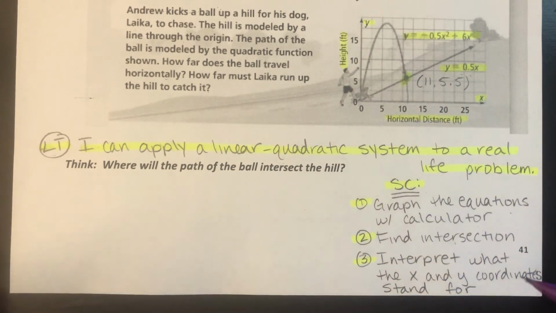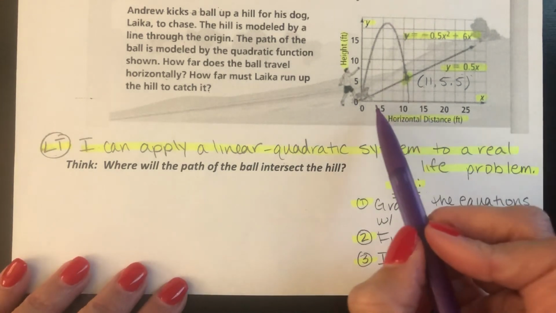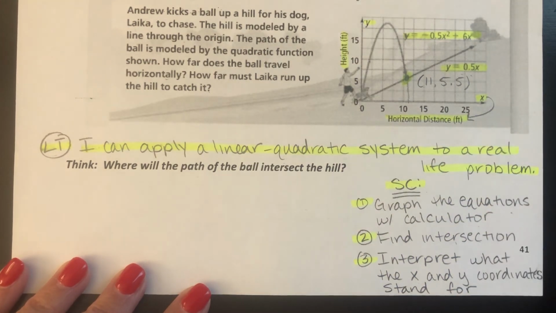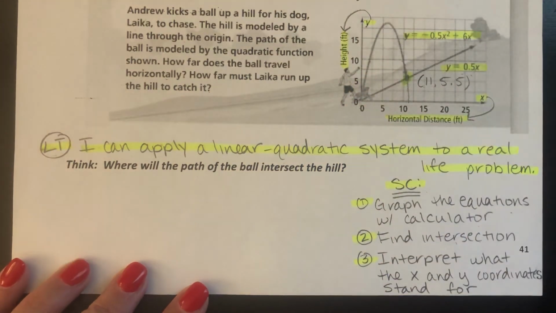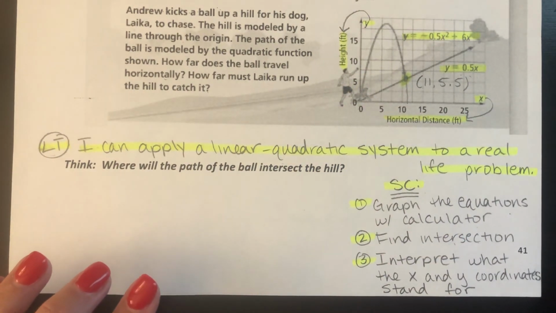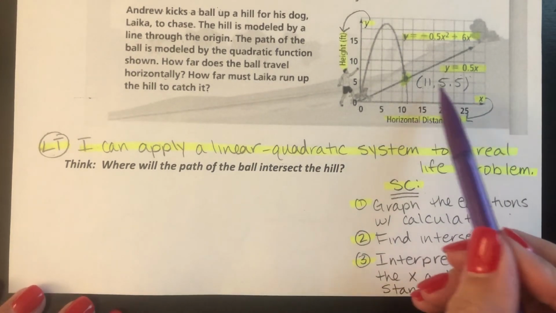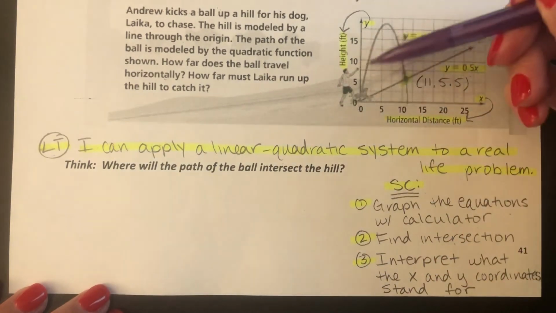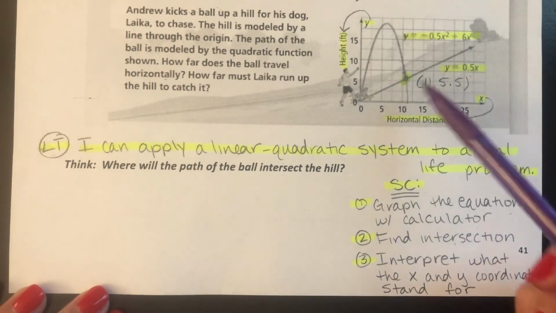Now we need to interpret: what does that mean? What does the x mean? What does the y mean? Our x is our horizontal distance, and our y is the height. So at 11 feet horizontally and 5.5 feet high, that is where the path of the ball will intersect the hill.